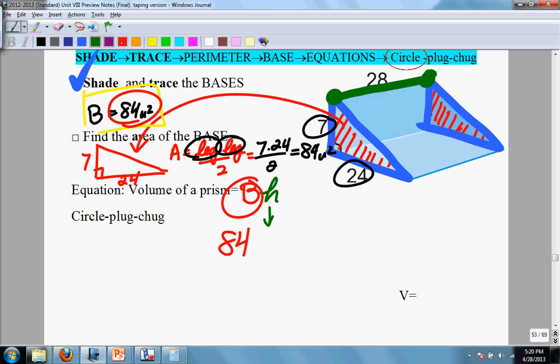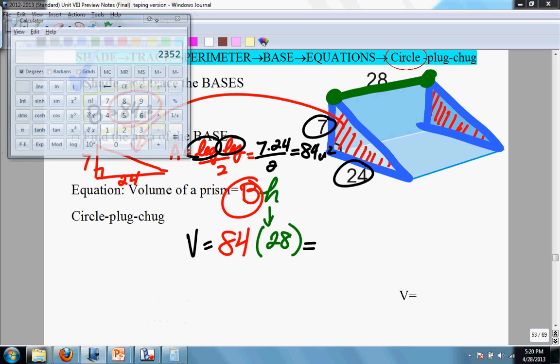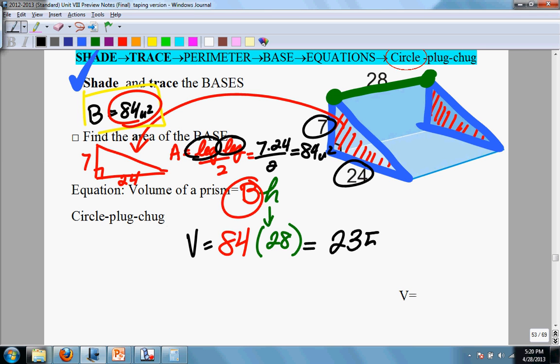So height here is going to be 28. This is for volume. So our volume here, we simply do the area of the base, which is 84, times the height, 28, 2352. Units now cubed, because we're now in the 3rd dimension.